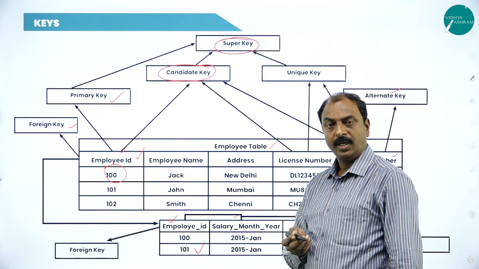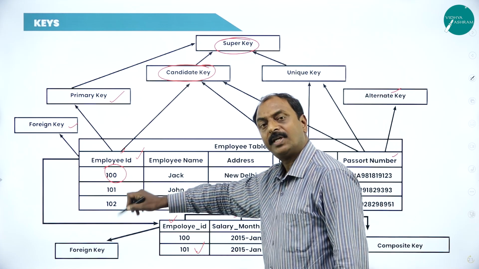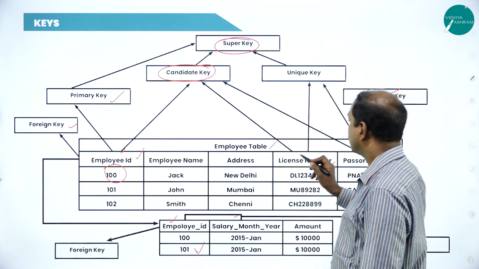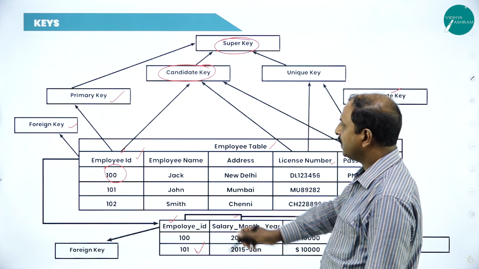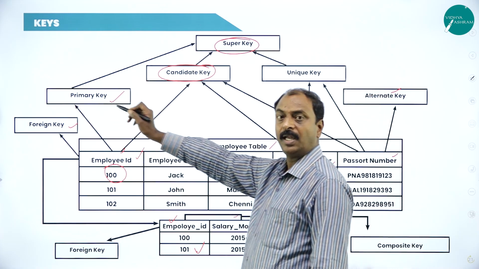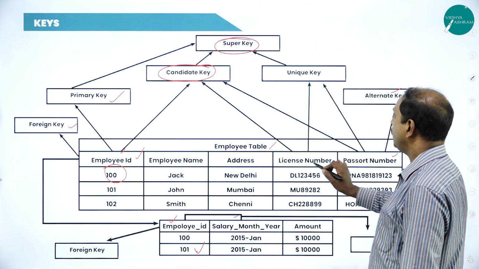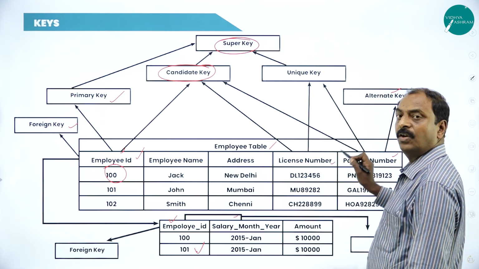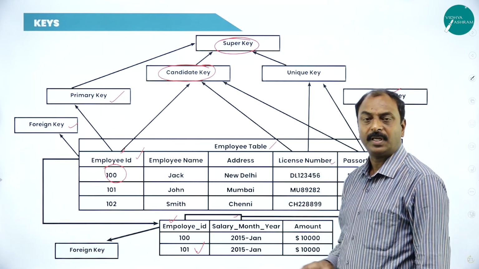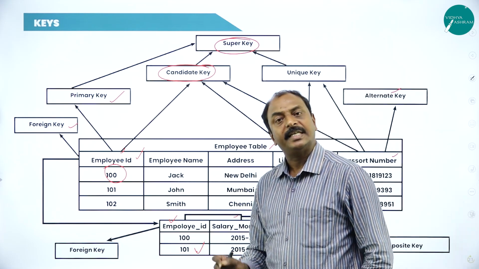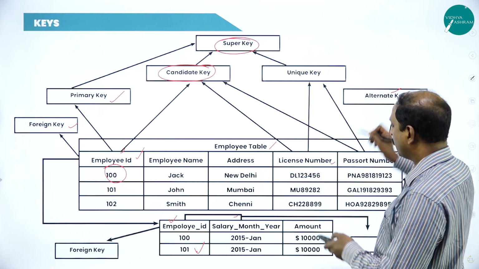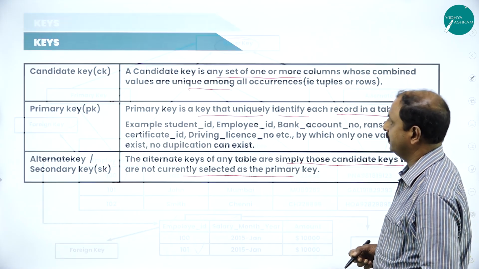So here we can select any of these columns as a primary key. But in this example, we have taken employee ID as the primary key, and the other unique keys which we have not considered as primary key are called alternate keys. Another name is secondary key. So this is the definition of alternate keys.